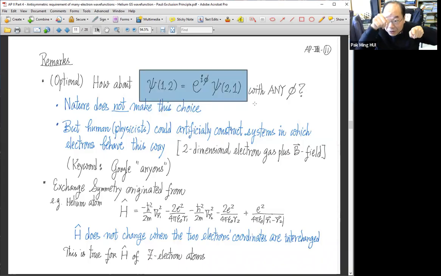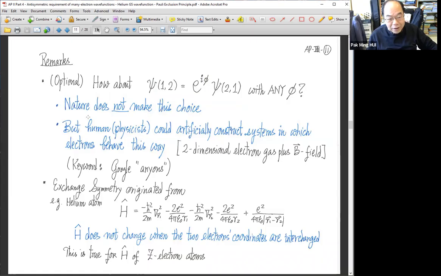If I take the absolute square, then this e to the i phi gives me 1, right? First thing first, nature does not make this choice. However, some human physicists can actually artificially make some systems in which electrons behave in this way with some chosen phi. Nature only makes two choices of phi. You can think of it as phi equals 0, phi equals pi, all right?